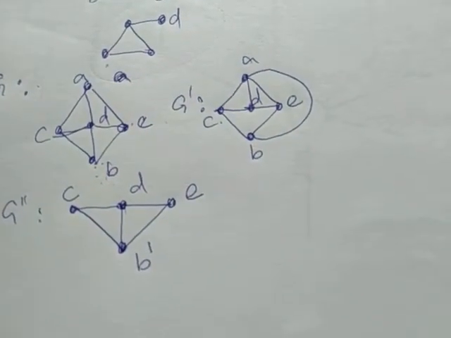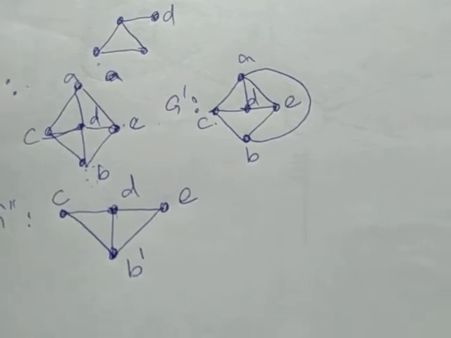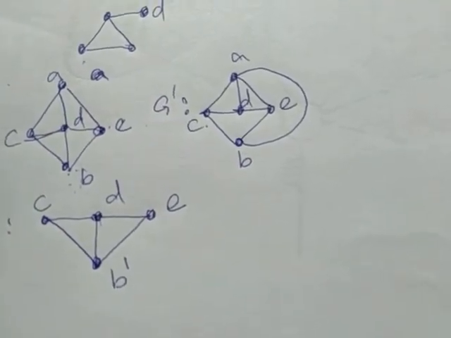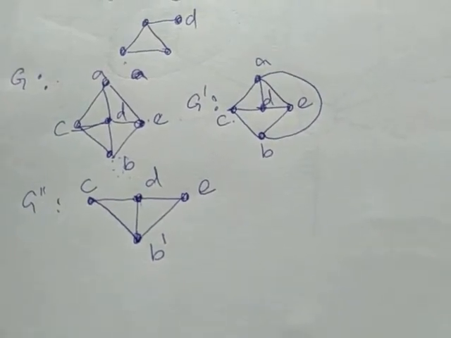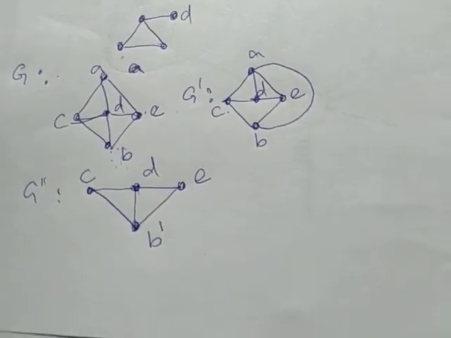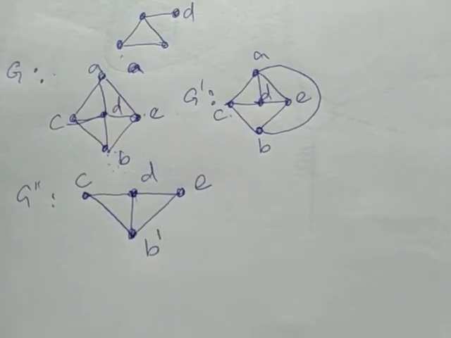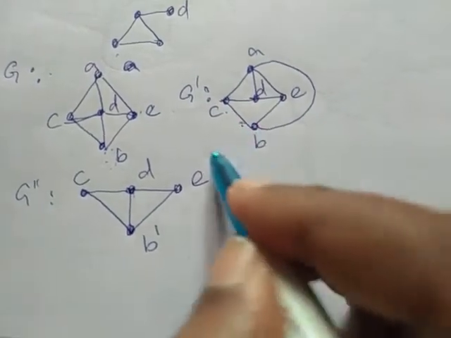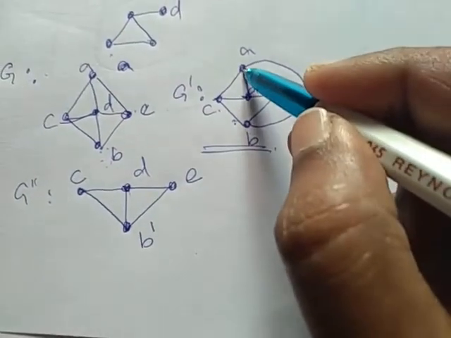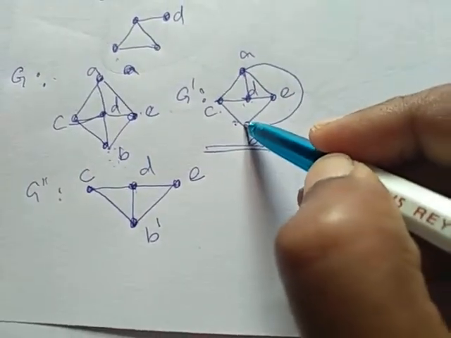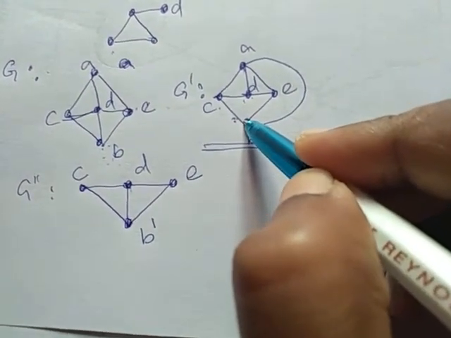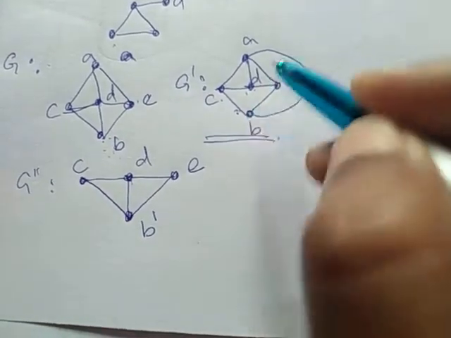Now we are going to verify whether the statement of the decomposition theorem is true or not. Now we are going to find Pn lambda for G dash, that is for this graph. See, here we are having 5 vertices, so we have to find C1, C2, C3, C4, C5.